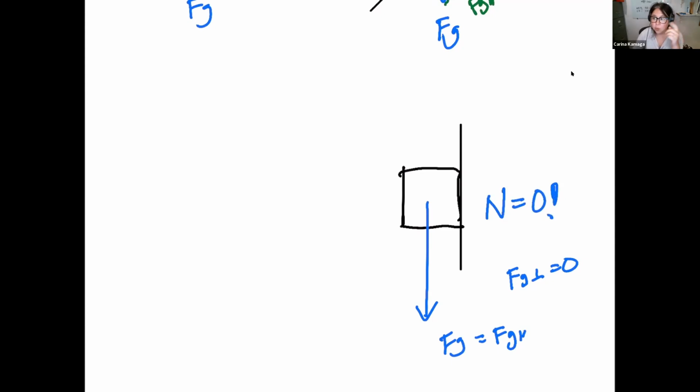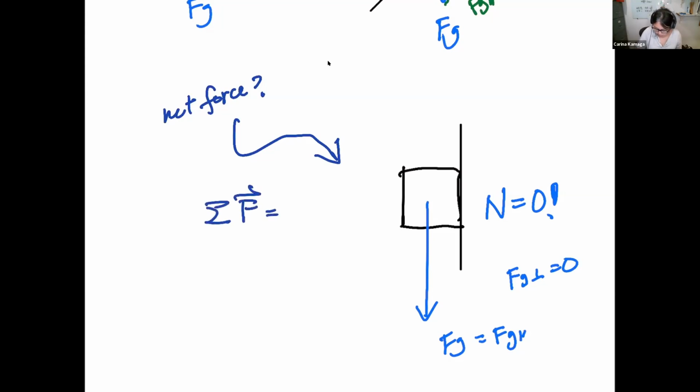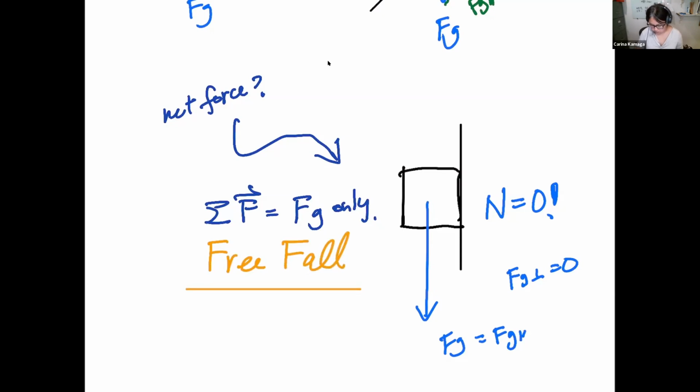So when there's no normal force, what is the net force? Net force on this is gravitational force only. If it's only gravitational force applied on an object, what is this called? It's called free fall. So it's in free fall.